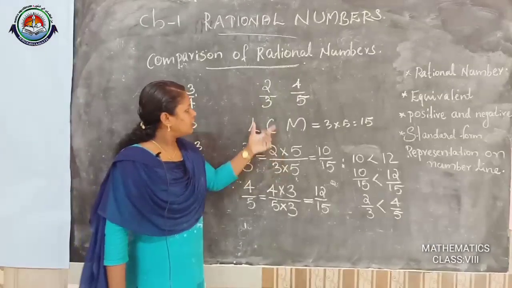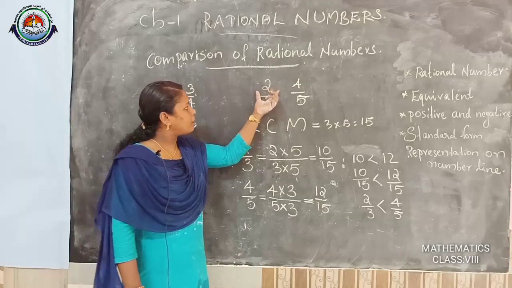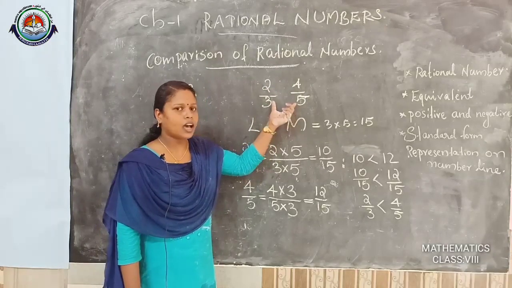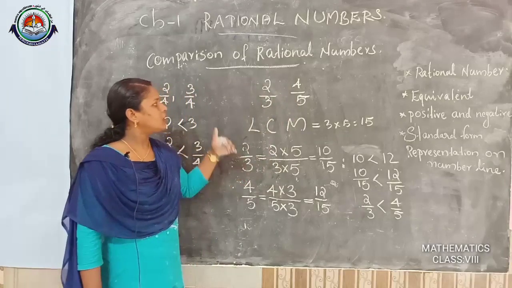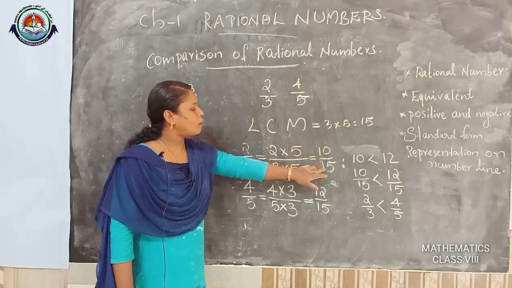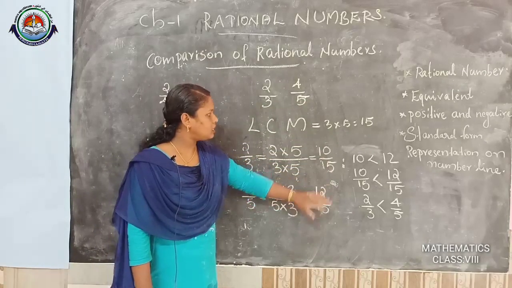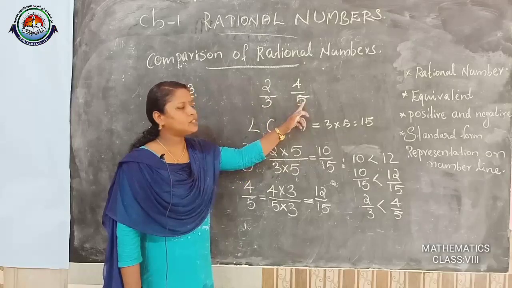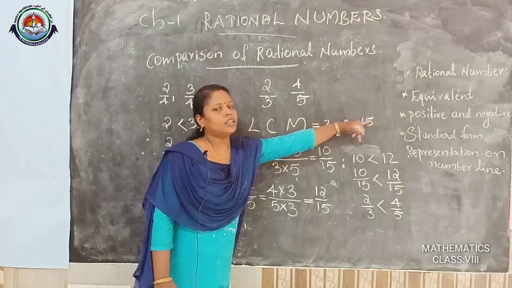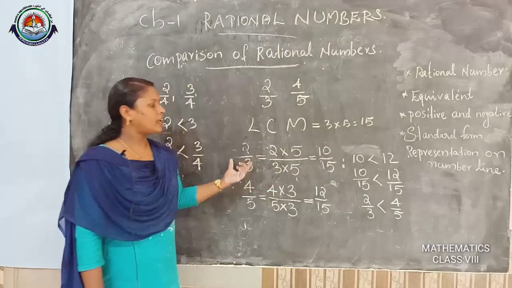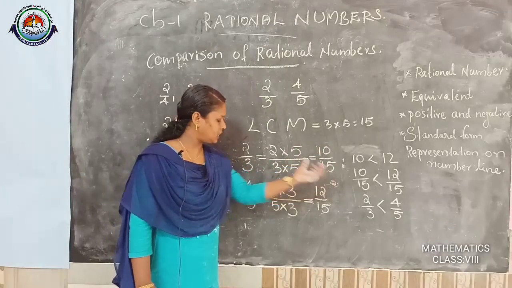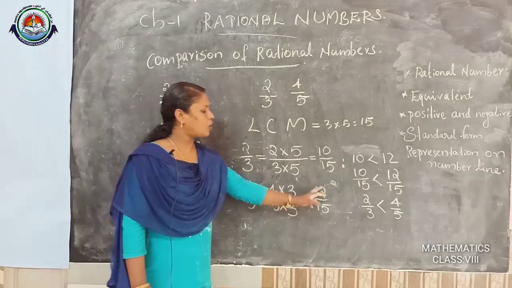Okay, here we needed to compare 2 by 3 and 4 by 5. So here the denominators are different. So first we need to rewrite the rational numbers with the common denominators, which means we need to find the LCM of denominators. LCM of 3 and 5 is 15. Then we changed 2 by 3 into 10 by 15 and 4 by 5 into 12 by 15.